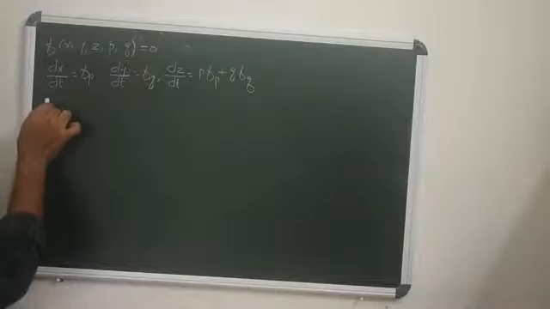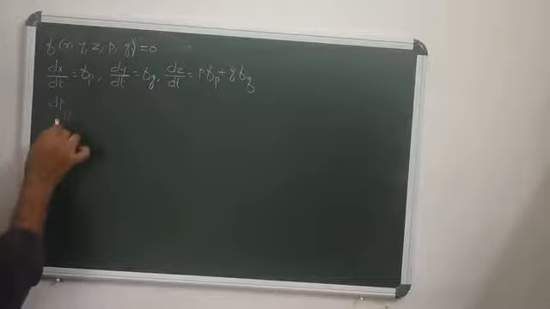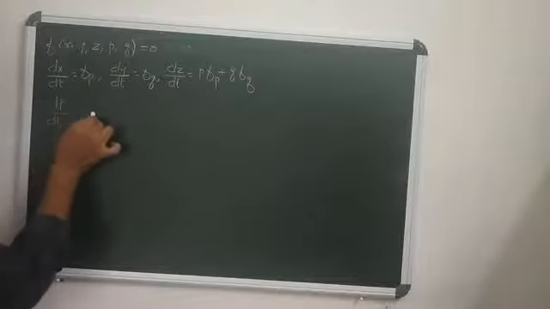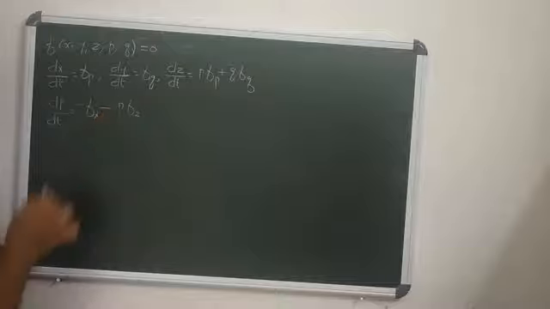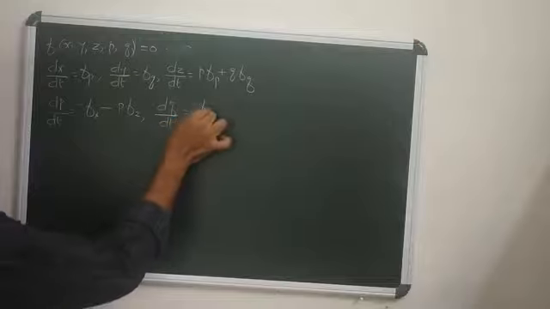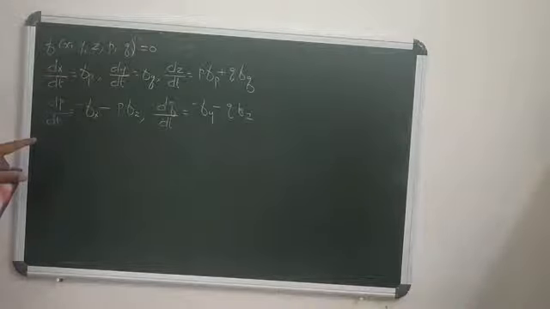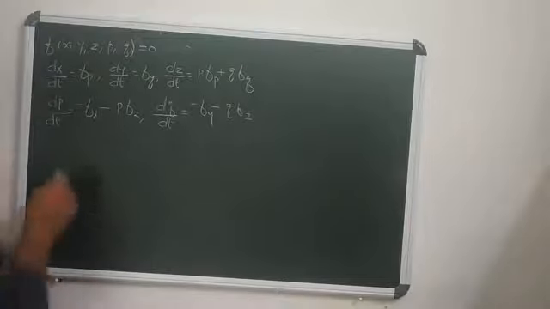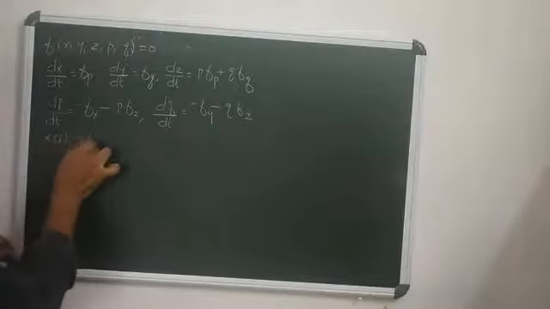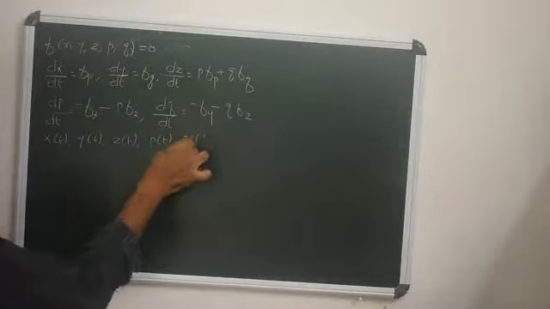Then also dp by dt equals minus fx minus p fz, dq by dt equals minus fy minus q fz. Here x(t), y(t), z(t), p(t) and q(t) are all unknowns.